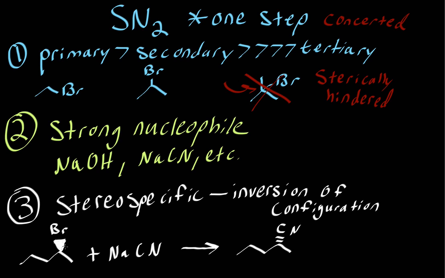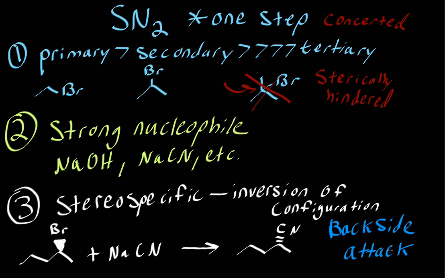So this is wedged, it's going to become dashed, and our nucleophile is going to be on that dashed. This is called inversion of configuration, and the reason that happens is because we do a backside attack.